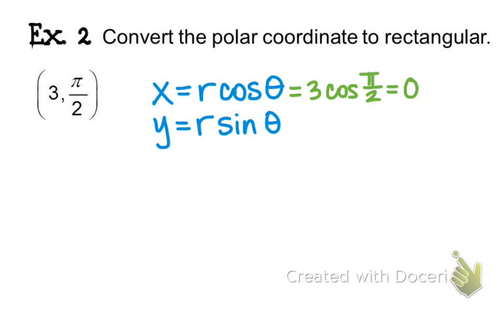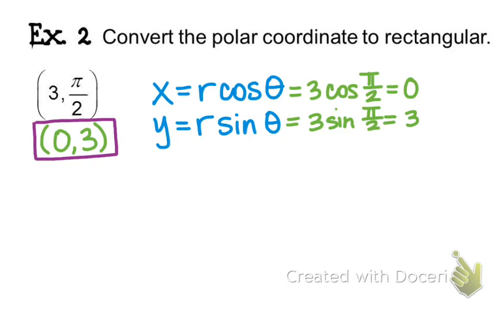Then for the y, we're going to type in 3 sine pi over 2, and you should get 3. So graphing the point (3, pi over 2) on the polar coordinate system would be the same as graphing the ordered pair (0, 3) on the rectangular system.